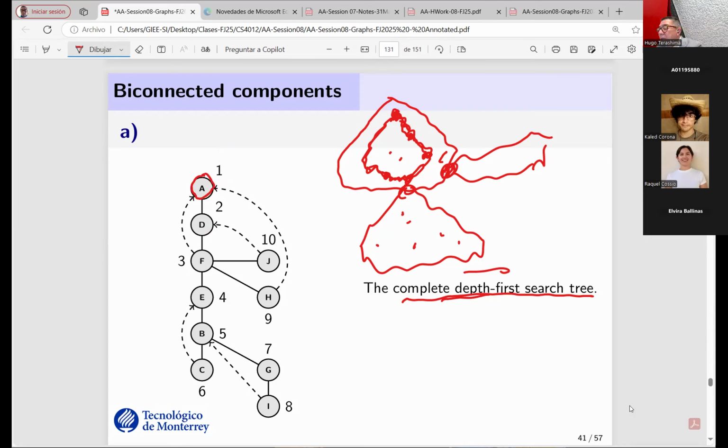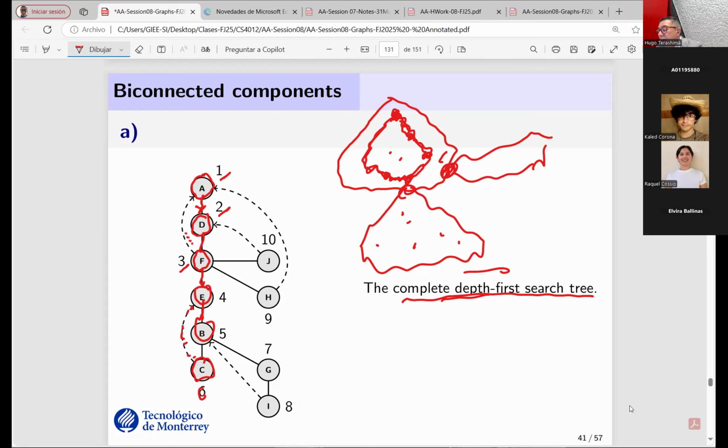That is going to be the order 1, and then it's going to find H, and then it's going to be D, the second node, the second value, and then F is going to be the third value, and then it's going to find a back edge here. Nothing is going to change, right? It's going to continue, and it's going to continue here. So this is 4, 5, 6, right? And this is a back edge.